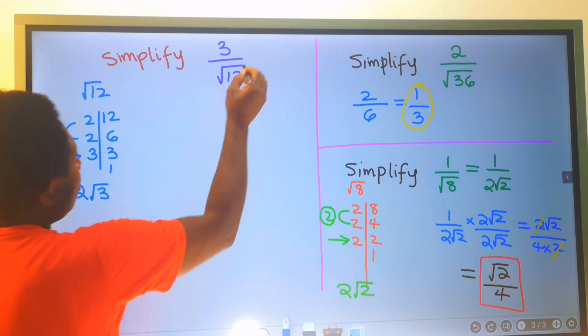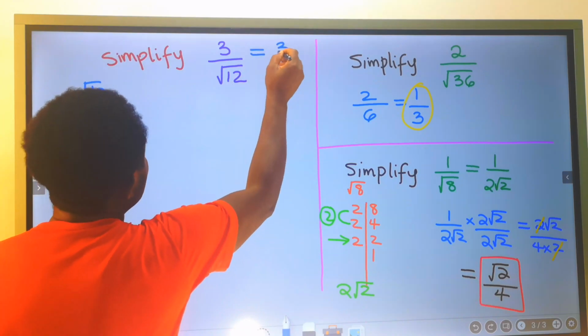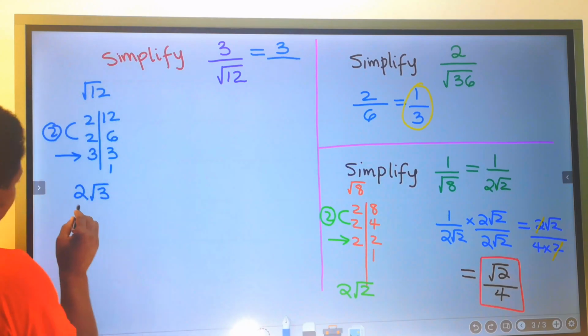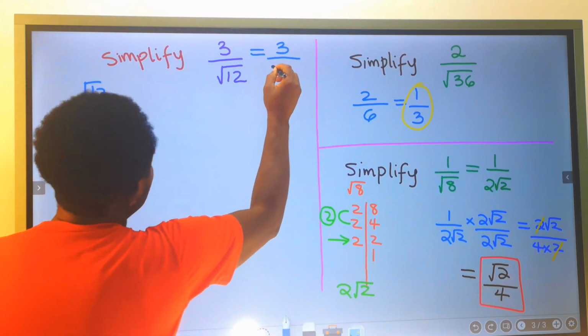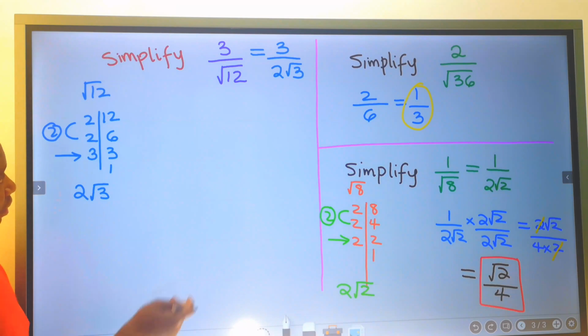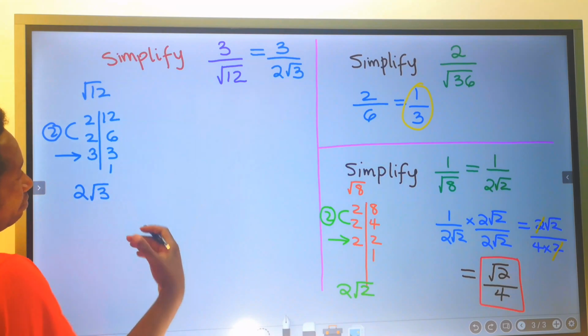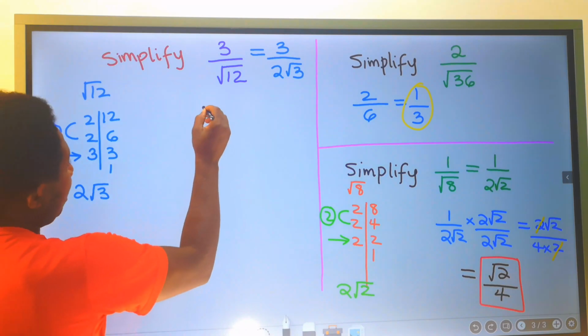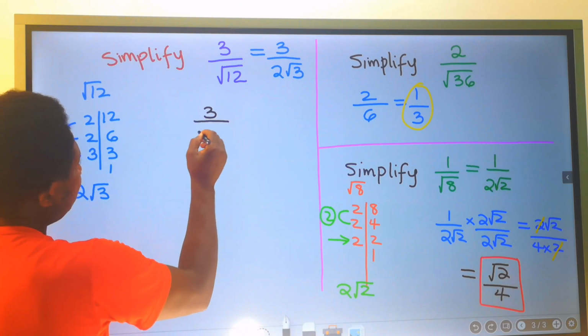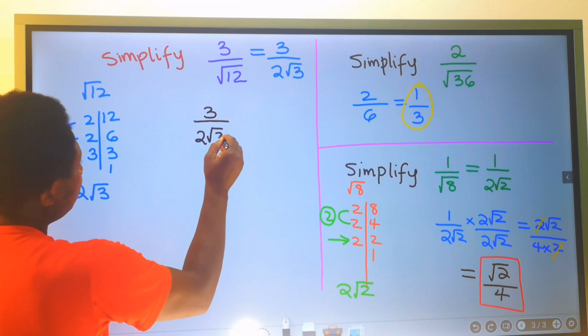Next, I'll be solving for 3 divided by 2 root 3. Next, to solve this, step number 1, I'm going to have 3 divided by 2 root 3.